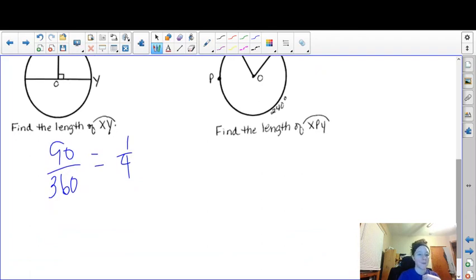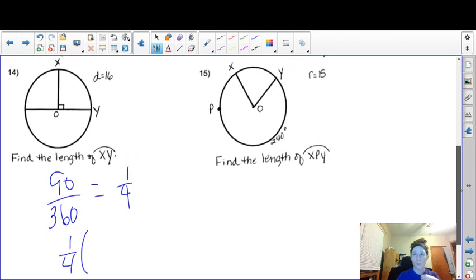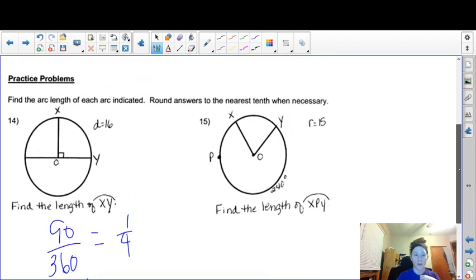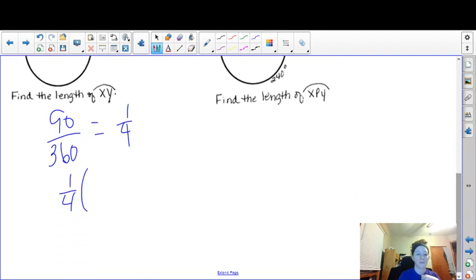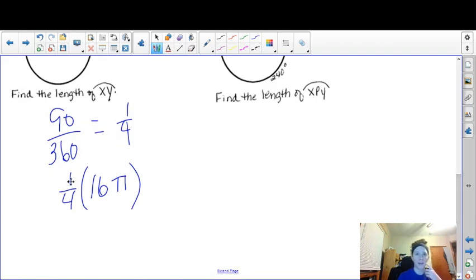And then I'm going to take that 1/4 times my radius times 2 or my diameter, and I notice I'm given the diameter, so I'm going to take that times 16 pi, and we're just going to simplify. When I multiply a fraction by a whole number, I take the top number times the whole number and then divide by the bottom.